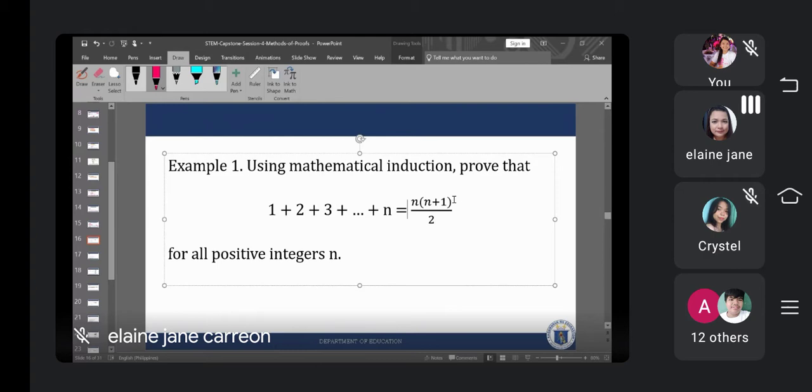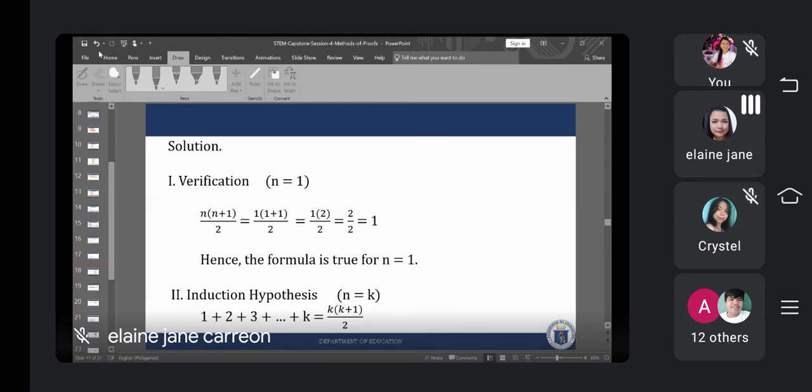Okay? So, our given is 1 plus 2 plus 3 plus up to n is equal to n times the quantity n plus 1 over 2 for all positive integers n. Okay? So, this is now our solution. So, first, verification. Our verification is to verify that n is equal to 1. So, we're going to substitute 1 in place of n.